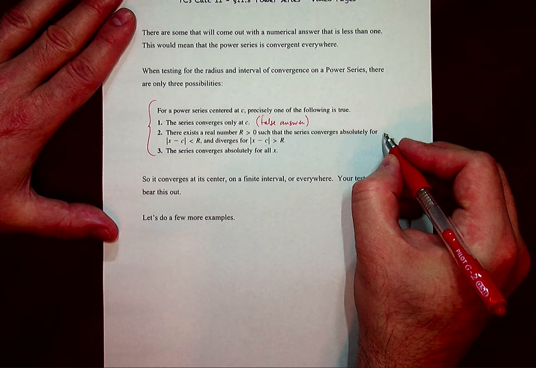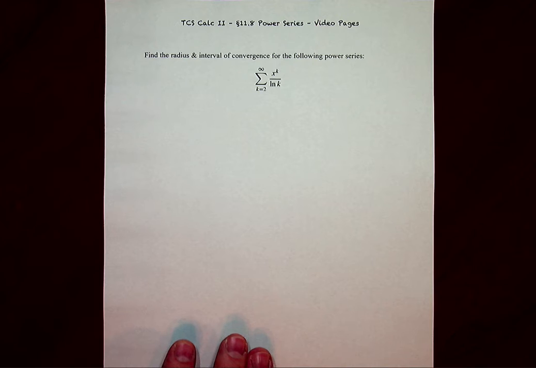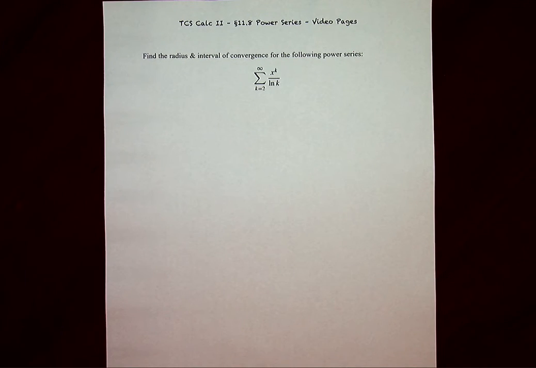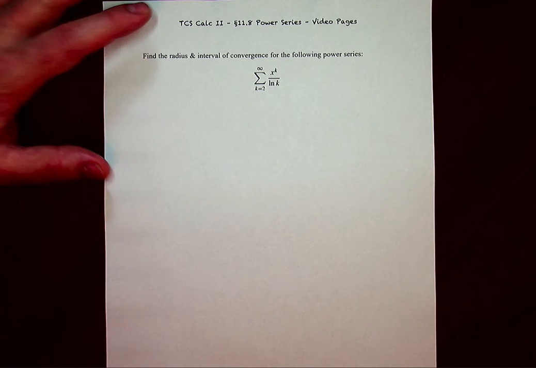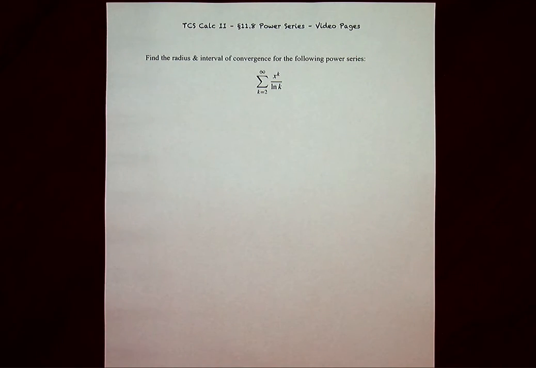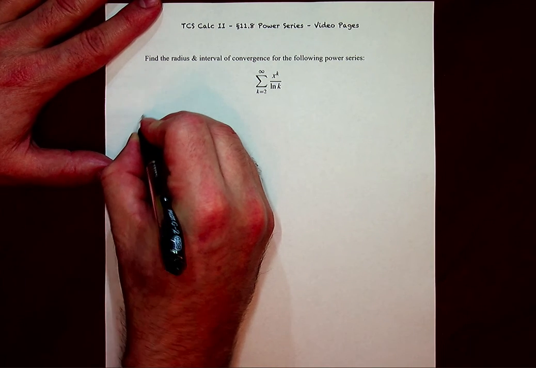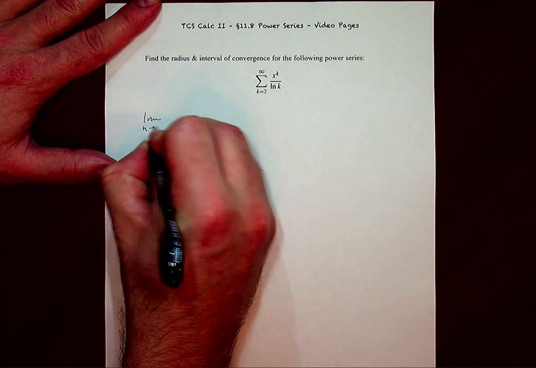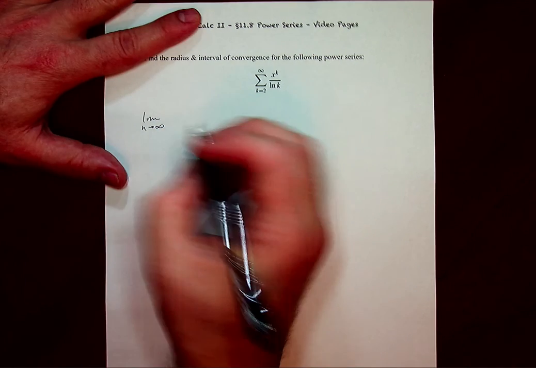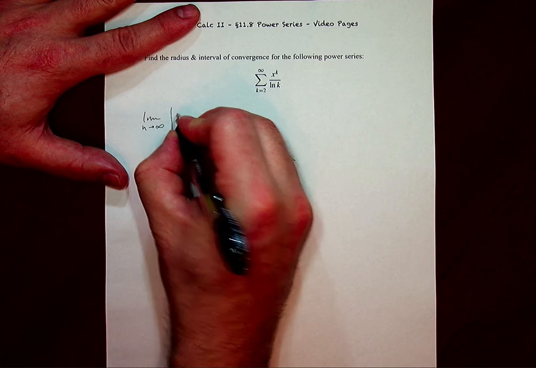So let's do a bunch more examples to flesh all this out. Find the radius and interval of convergence for the following power series. Alrighty, so let's go ahead and set up the ratio test again. Most of the time it's going to be ratio. There is going to be an occasional root test, and we'll get to that in just a moment.